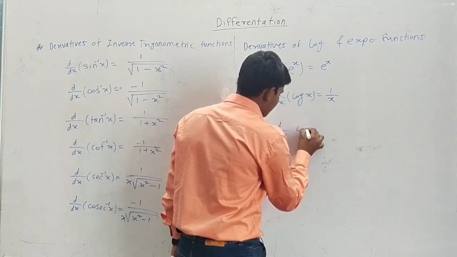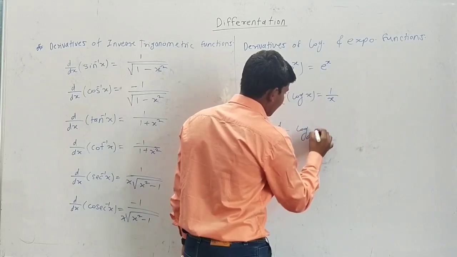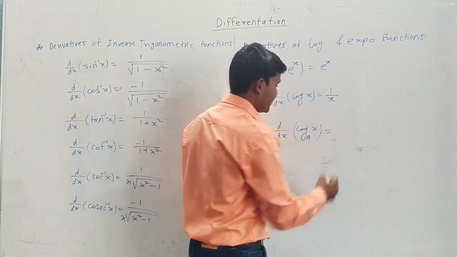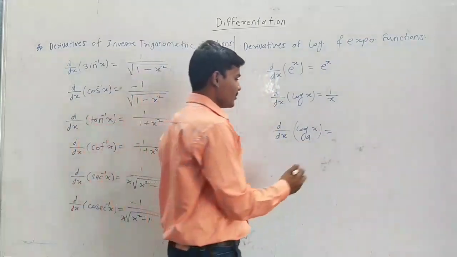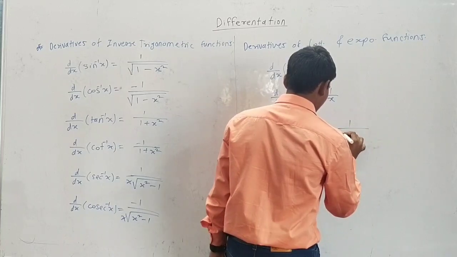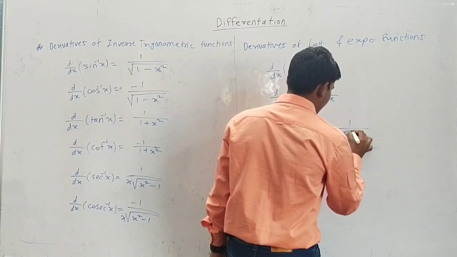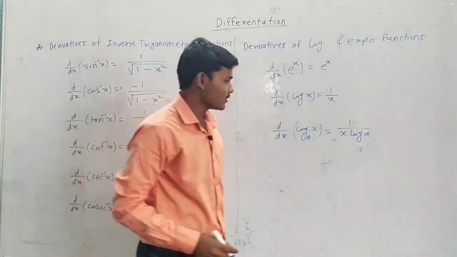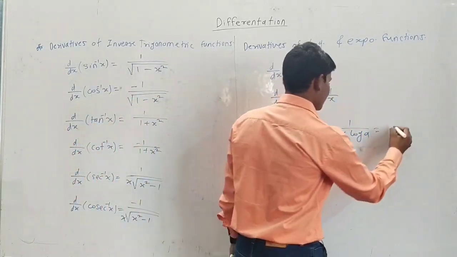If I write the derivative of log to the base a of x, then its answer will be 1 by x log a. How is it? It's so simple.